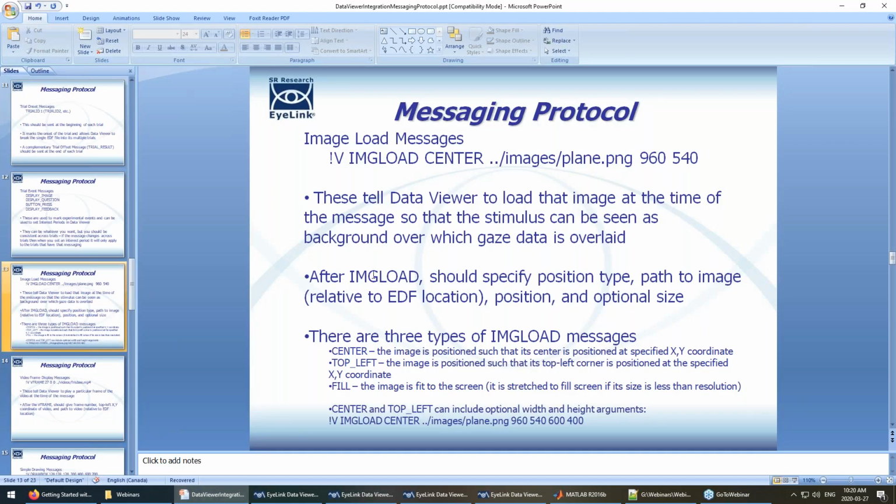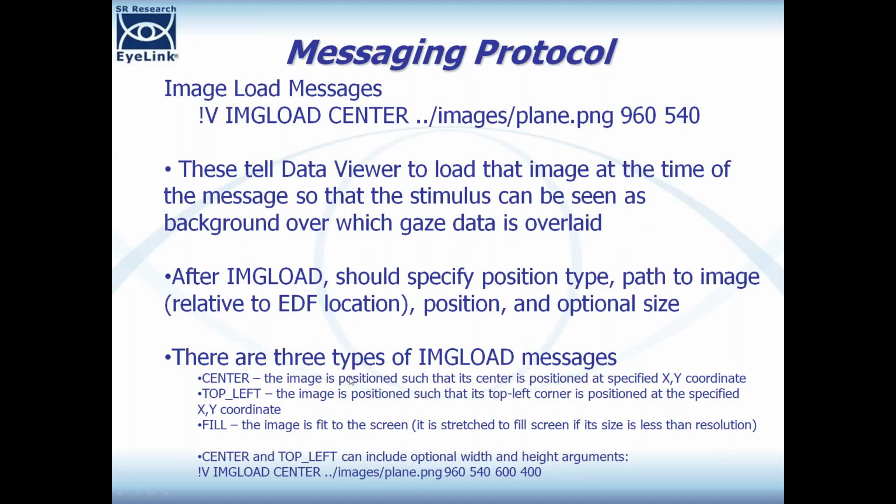Okay, so you're not limited to just sending one of these, is what I'm trying to say. You can send these several times as the trial unfolds, and that way when you play back the trial in Data Viewer, you'll be able to see the images unfold as they did for the participant. Okay, and there are three types of these image load messages. This one is using image load center.